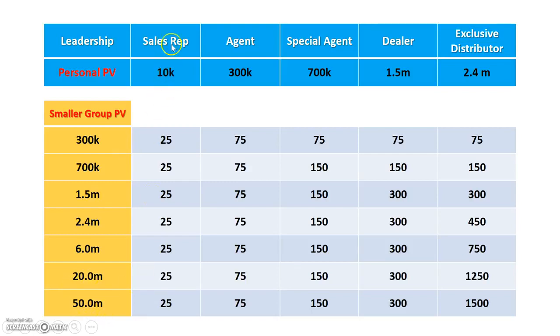How it works: when my own account has 10K and my group PVs under left and right have 30K, the company will give me $25. If my own account has 300K PVs, and my group left and right have at least 300, the company will give me 75. That's how it works, and I'll explain in more detail.